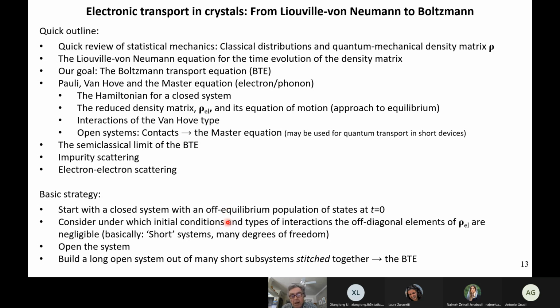And then we'll see how the electrons which are interacting with this bath, photons, the heat bath, how they decay or how the system evolves to equilibrium.